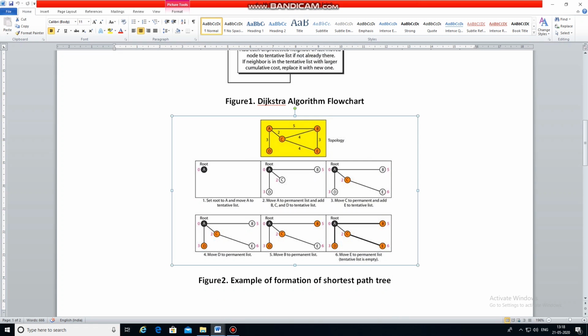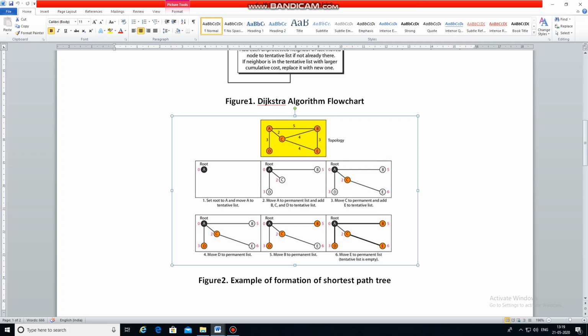In this example, five nodes are considered, that is A, B, C, D, E, right? Each node is connected with different nodes in the topology, and the weight for each path is given, right? For example, A is connected to B and the weightage of this link is 5, right?